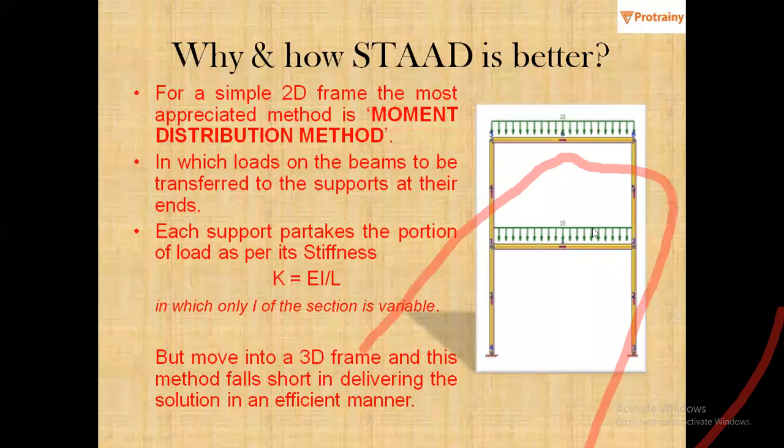Load भी symmetrical है. अगर इसका dimension suppose 9 by 9 inches है, इसका भी 9 by 9 इंचेस है, तो ये दोनों जो लोड इस पर आएगा वो बराबर आएगा.